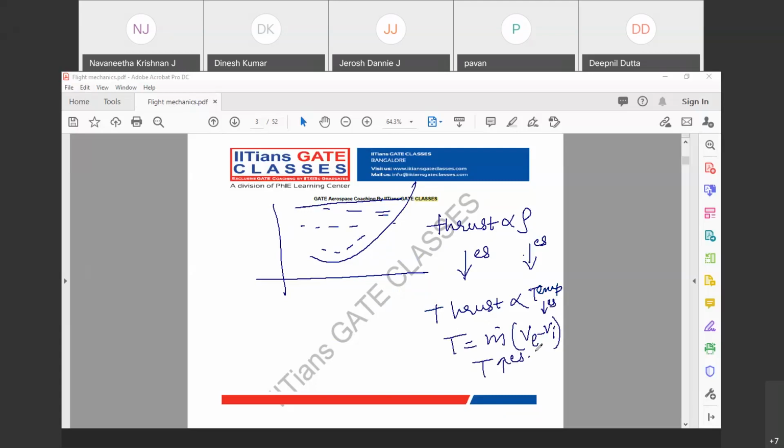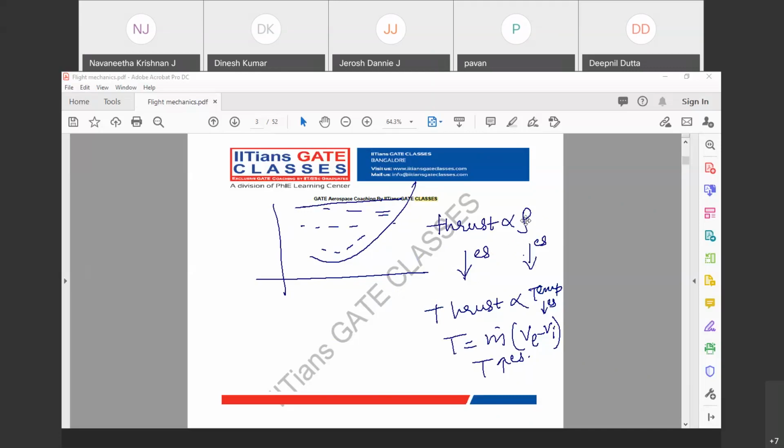So since thrust is not decreasing in the same way as density decreases, because thrust also increases due to the decrease in temperature, thrust falls less rapidly than the density up to the tropopause. Okay, up to the tropopause.